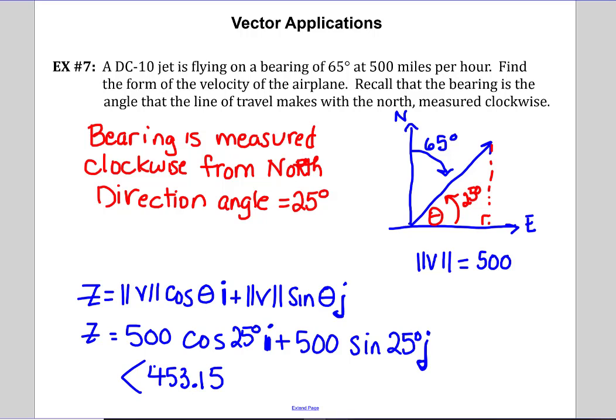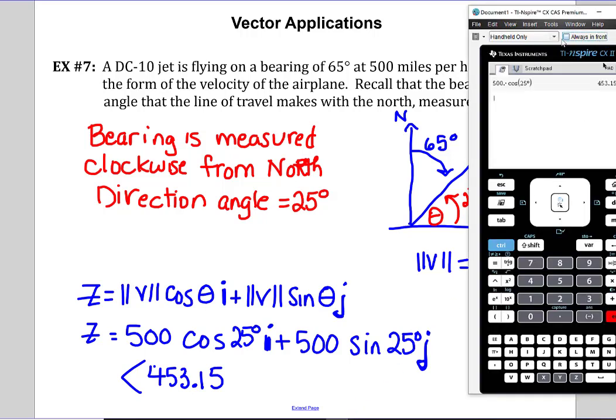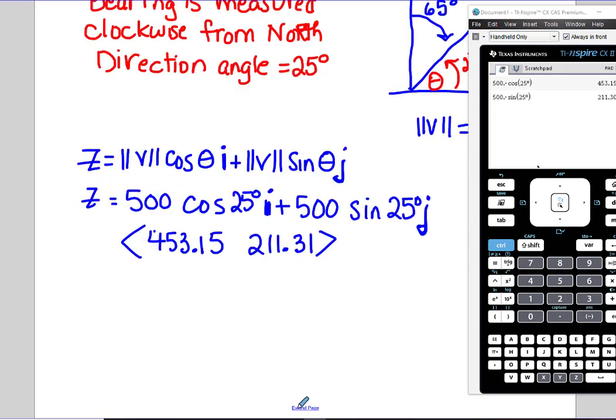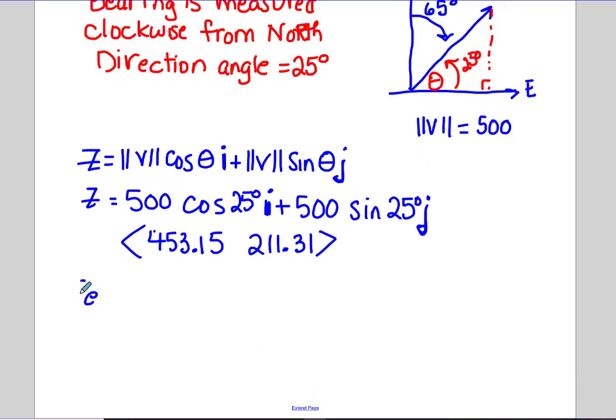And then the same thing with the 500 for the magnitude times sine of 25 degrees for the vertical movement, which is 211.31.